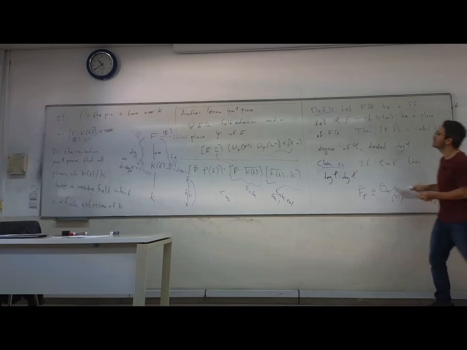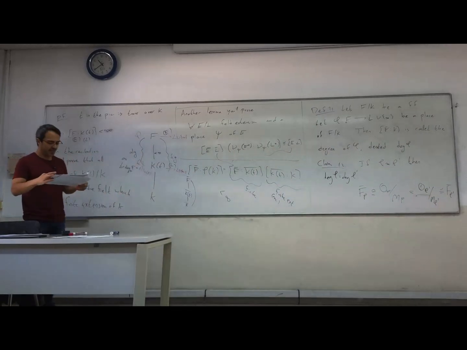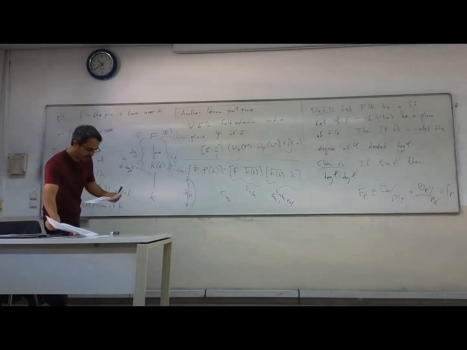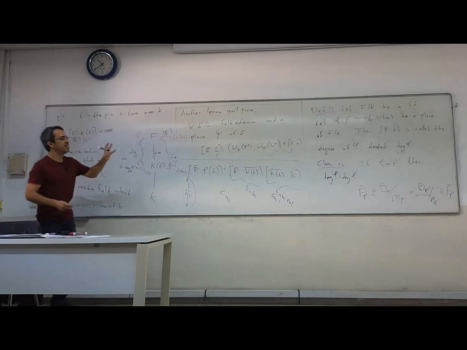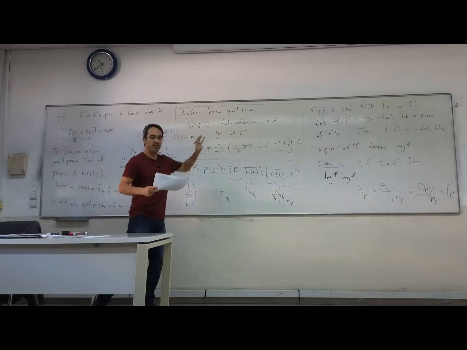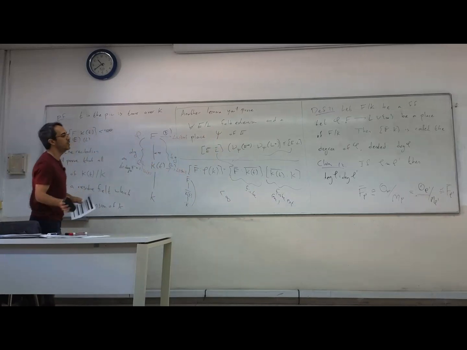So the degree is a property of the classes, not of the individual places, and that's going to be good for us because it's not the right thing to work with places. It gives you too much freedom of how you embed K. You don't want that freedom. Questions?